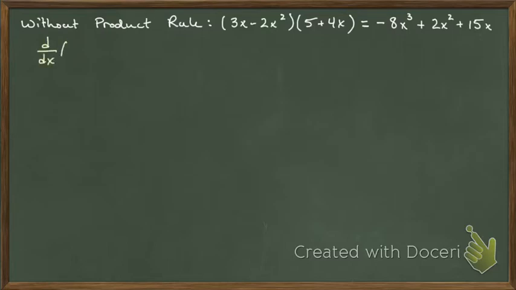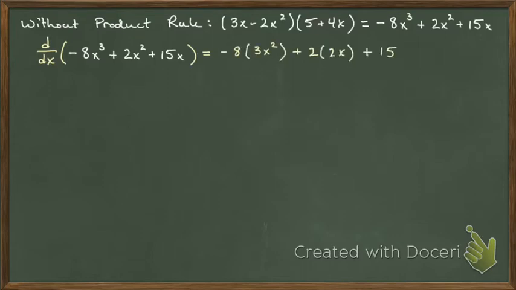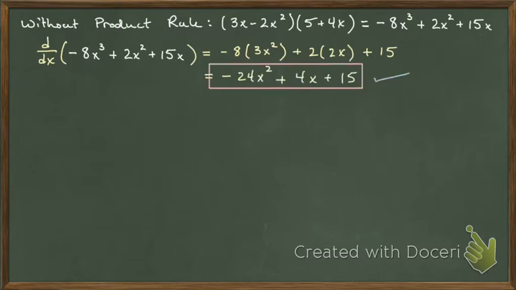So then y prime, or the derivative of that trinomial, that third degree polynomial, just with my power rule, should be negative 24x squared, plus the derivative of 2x squared is 4x, plus the derivative of 15x should be 15. So I've got exactly what I had on the previous page.